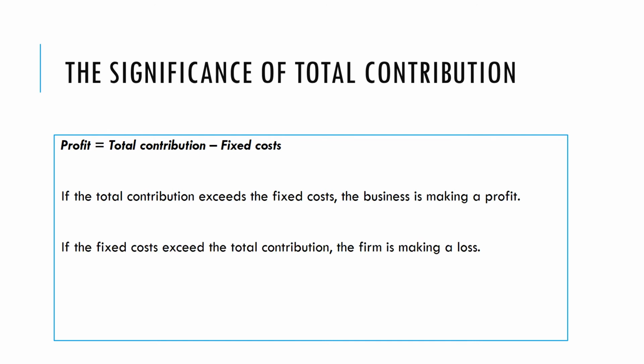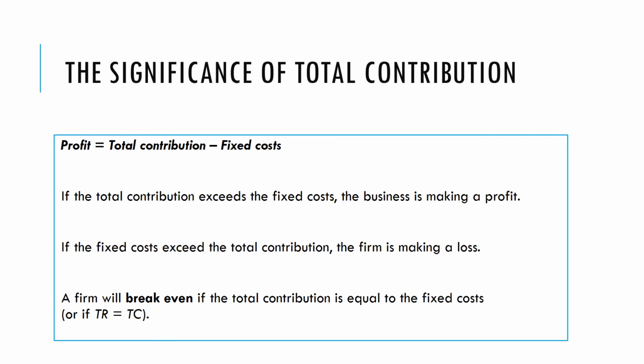However, if the fixed costs are bigger than the total contribution, the business would be making a loss. Not happy days, sad days. Now a firm will break even, not make a profit, not make a loss, if the total contribution is equal to the fixed costs. This is an important concept, and we're going to look at it next.